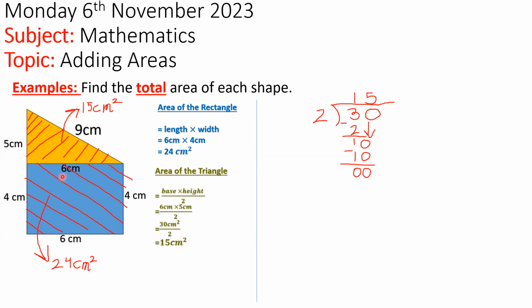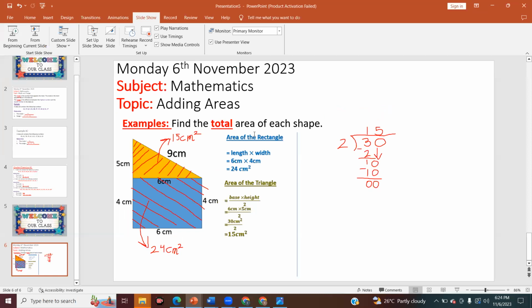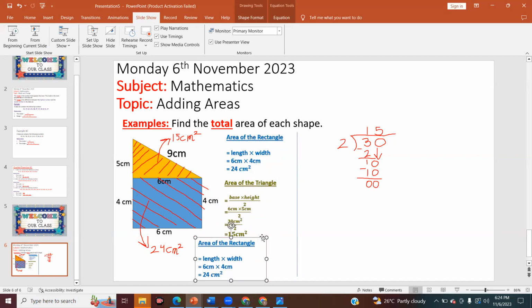So 24 centimeters squared is the area of the rectangle, and 15 centimeters squared is the area of the triangle. And so if we're trying to figure out the total area, it's going to be what? 39 centimeters squared. So we have to add the two areas, right?